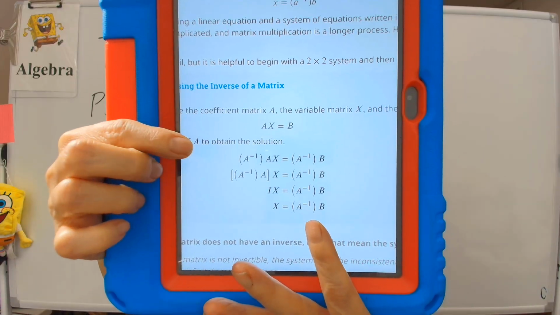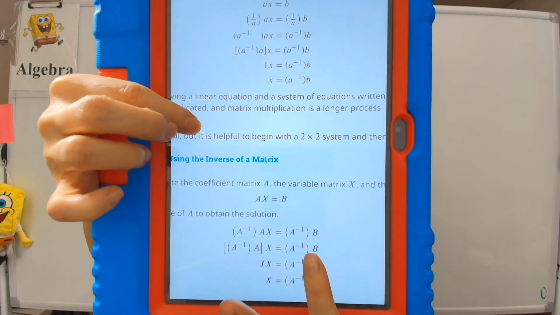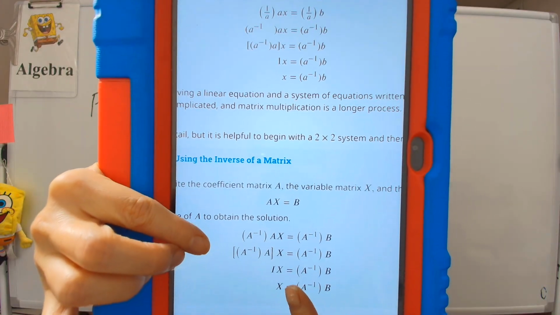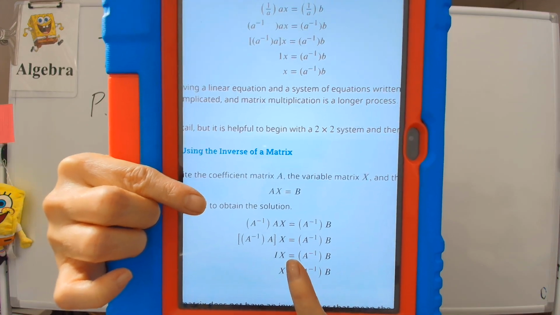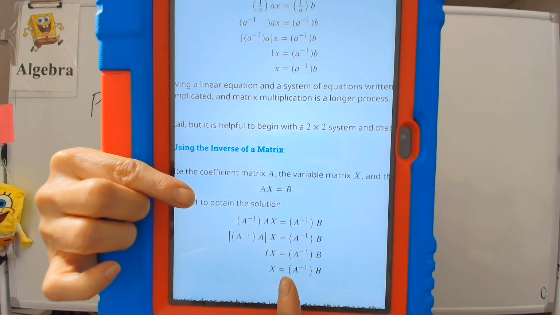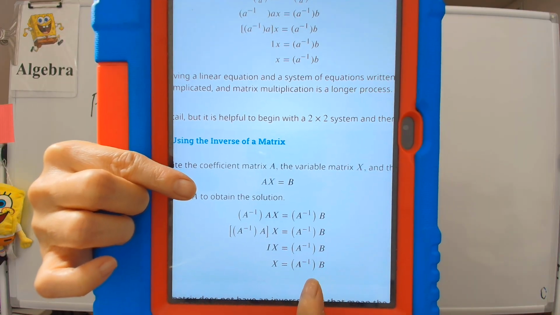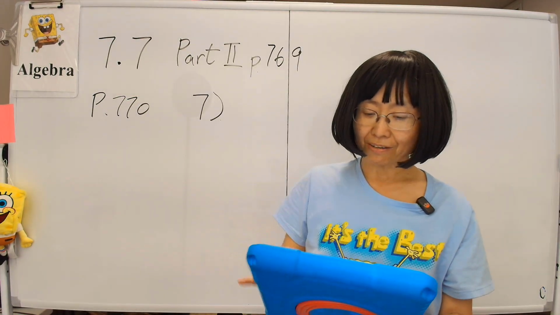On the other side we have A inverse times B, so we solve X equal to A inverse times B. Now that is better explained from an example.